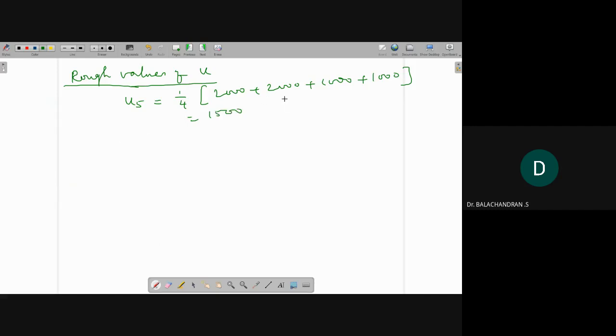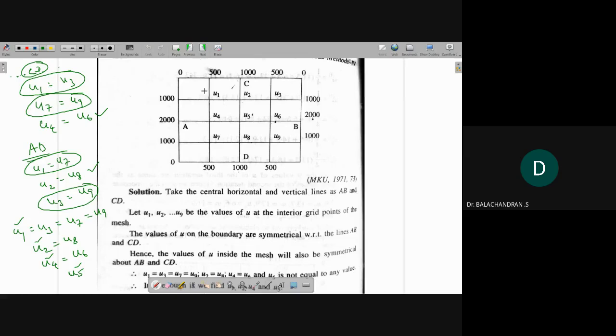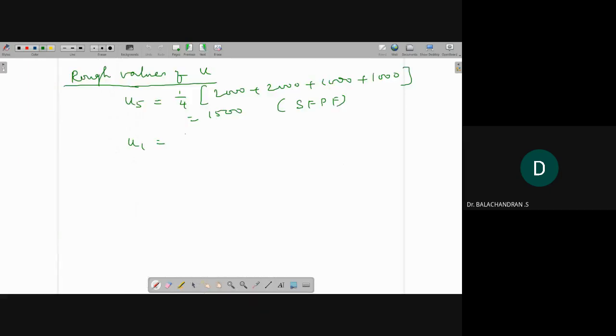And here I'm using the standard 5-point formula. Then for U1, I am going to use the diagonal 5-point formula: 1 by 4 of 0, 1,000, 2,000, U5. For U1: 0, 1,000, 1,000, 2,000 plus U5.